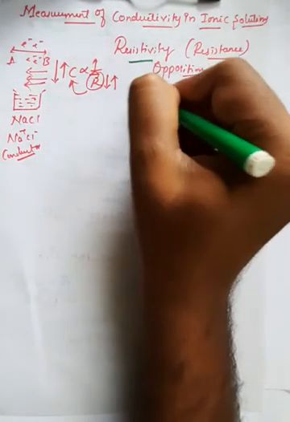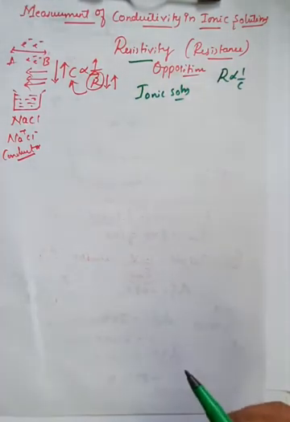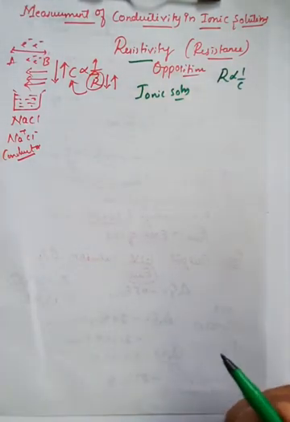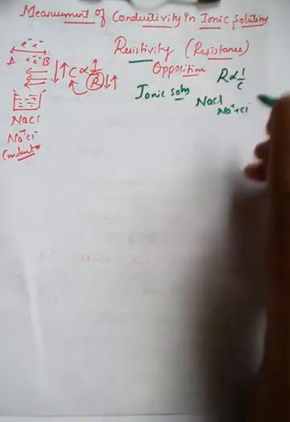Generally, ionic solutions are the solutions which can convert into ions. Whenever you supply an external electrical current, they will split into ions. For example, if you take NaCl, it will convert into Na plus and Cl minus. You get two different charges, one is cation and another one is anion.